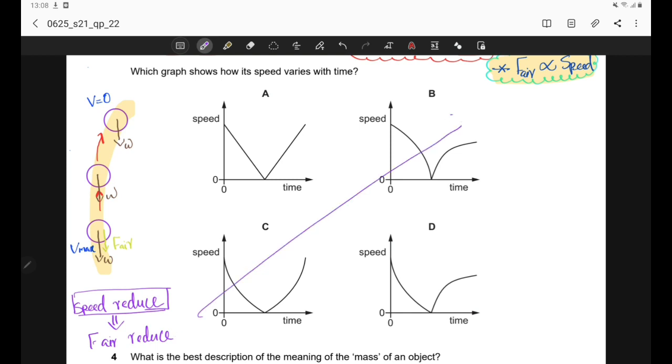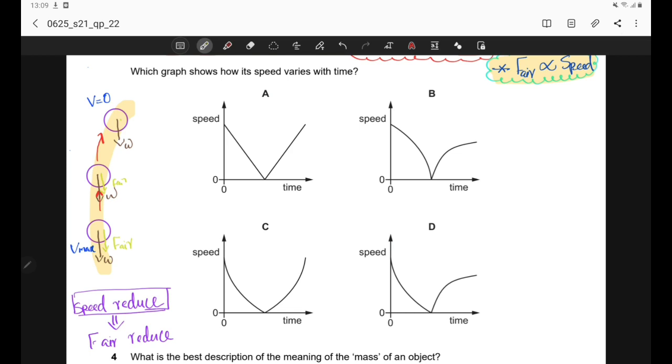Using this concept, the force due to air resistance will be maximum at the initial position, or at the starting of the motion of the ball, but later on this force will gradually reduce, and at the top the force due to air resistance will be zero.